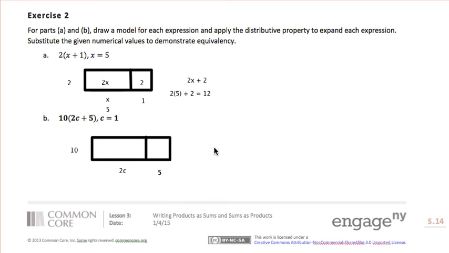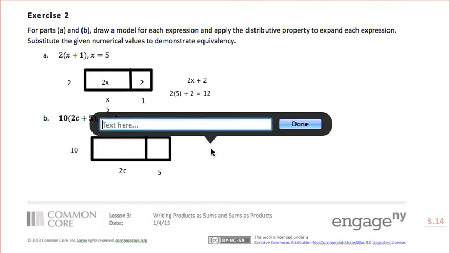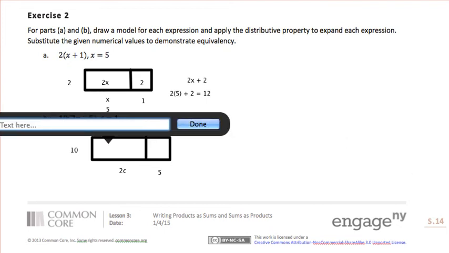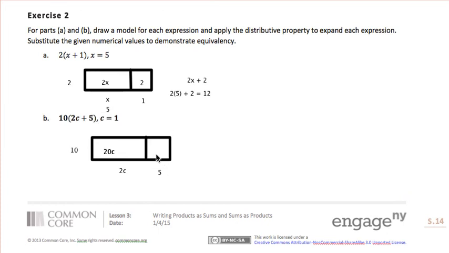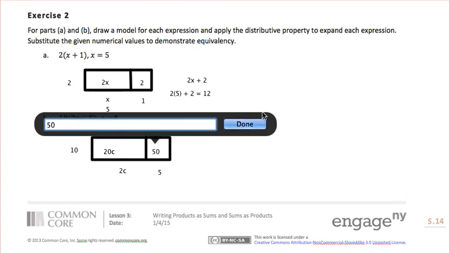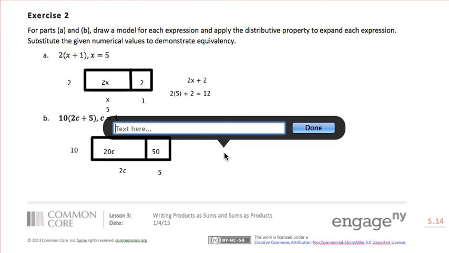So now we will write, we'll use the distributive property to multiply the two terms, 10 times 2c, which is 20c, and 10 times 5, which is 50. Then we'll rewrite that expression. 20c plus 50 is our expression.